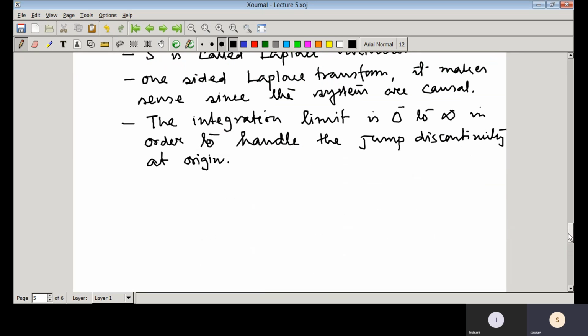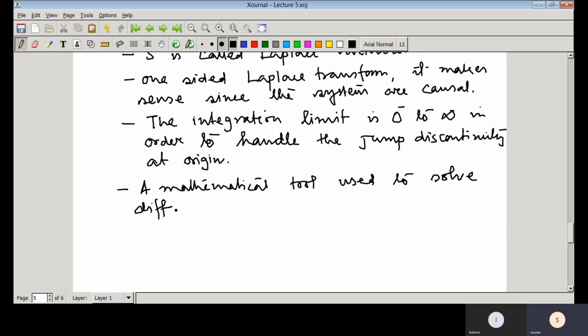So this is actually a mathematical tool used to solve differential equations, and this is actually the linear ordinary differential equation.